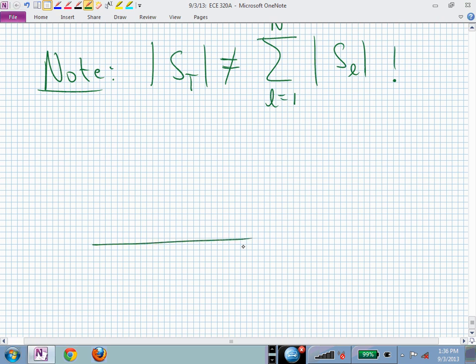Suppose we had P1, and now Q1. And that would give rise to this S1. But now if you had another subsystem that was maybe P2, and maybe it had a capacitive reactive piece, so here's P2, and here is Q2.